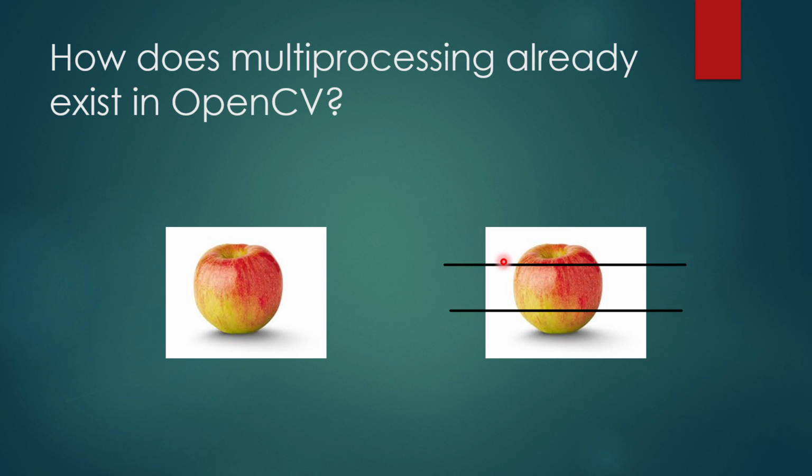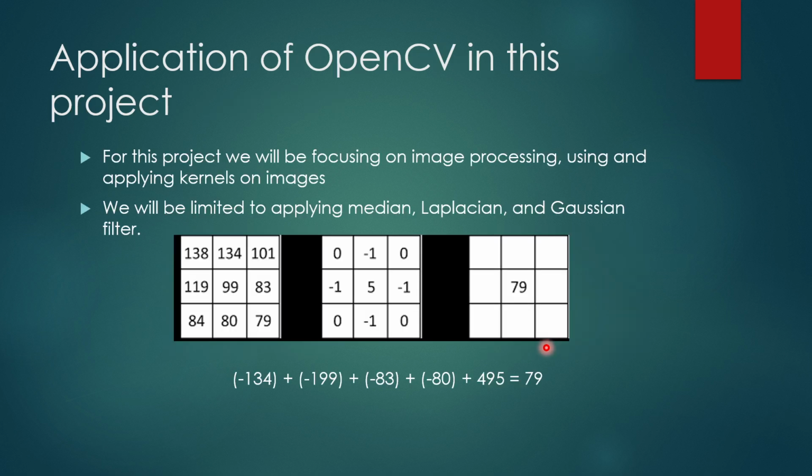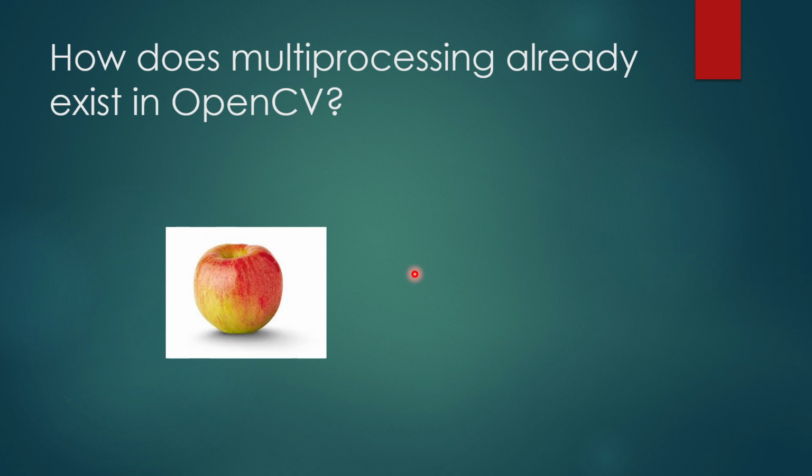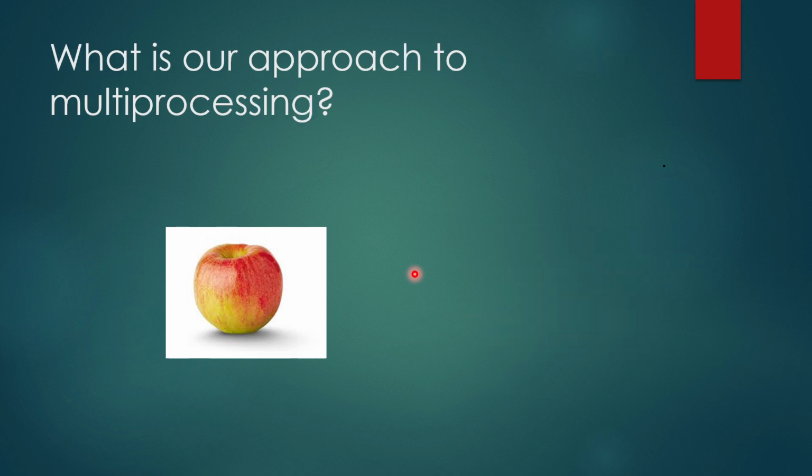So we have thread 1 being used here, thread 2 being used here, and thread 3 being used here. Therefore, each thread will then apply a kernel, basically a median filter, a Laplacian filter, or a Gaussian filter. They would each apply these filters on their own section simultaneously. And that is how multiprocessing already exists in OpenCV.